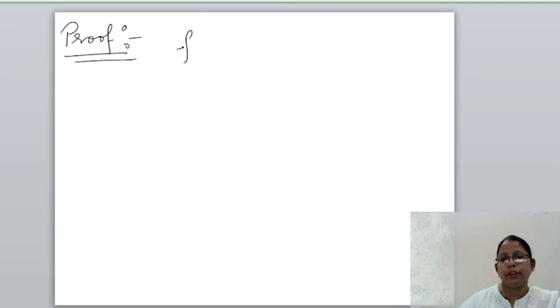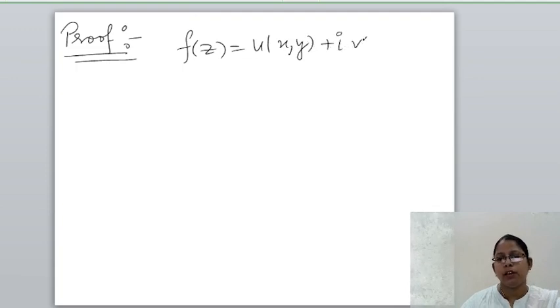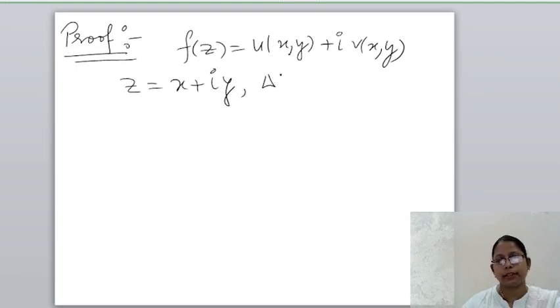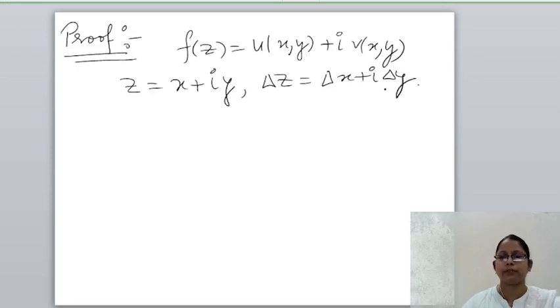We are given f(z) is equal to u(x,y) plus i v(x,y), z is equal to x plus iy, delta z is equal to delta x plus i delta y. Call this equation 1.